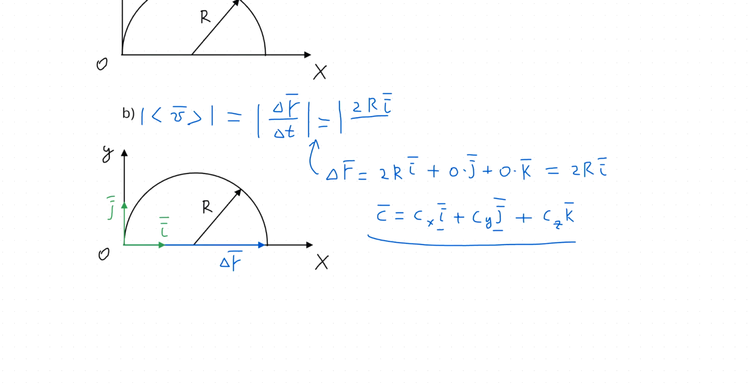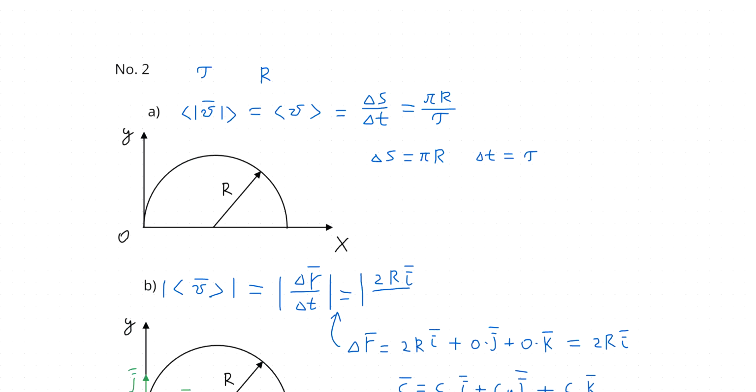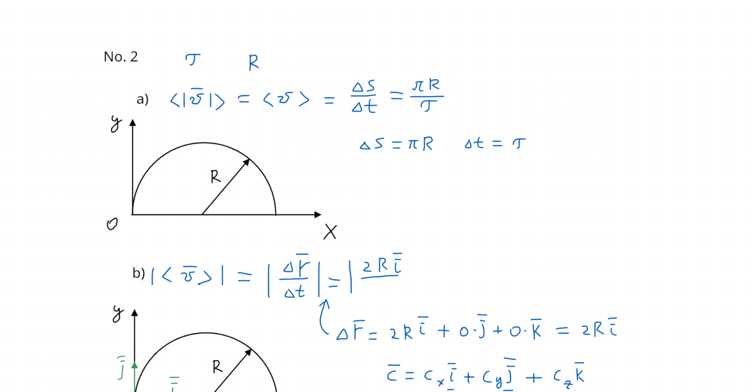In the same way as it was done before, delta t is equal to tau.